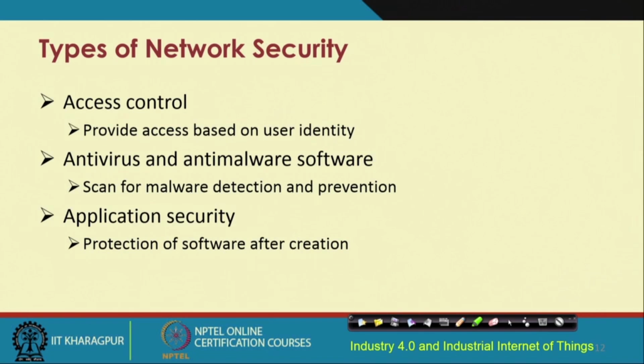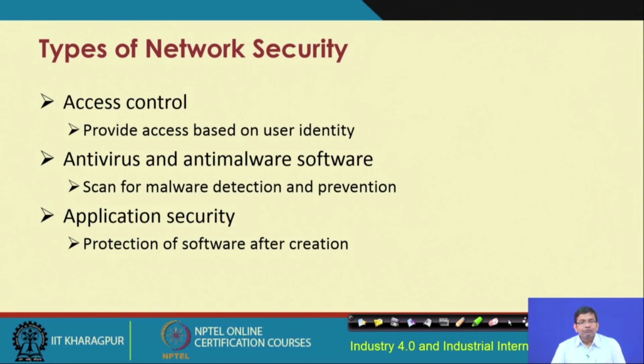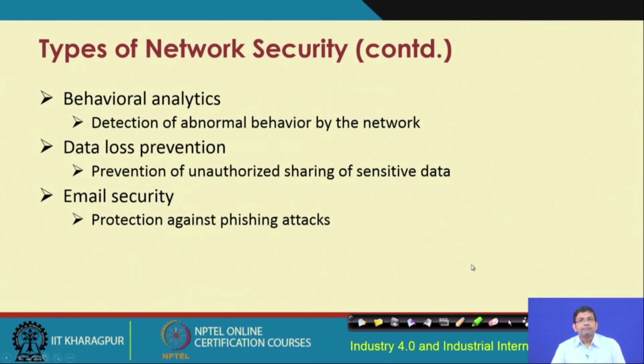So, controlling this access based on the privileges that are dictated through the policy documents should be implemented. Antivirus and anti-malware software should be used in order to protect the network. Then application layer security, for protection of the software after its development, should also be done.